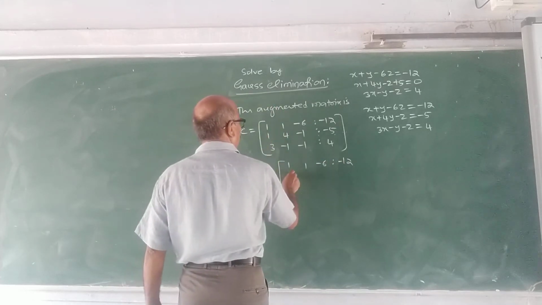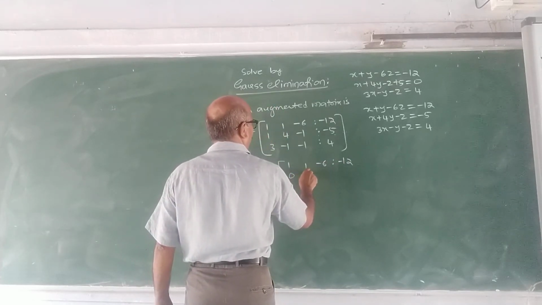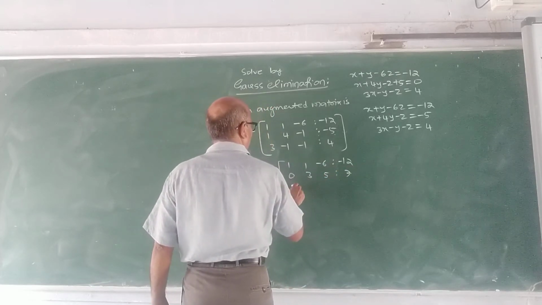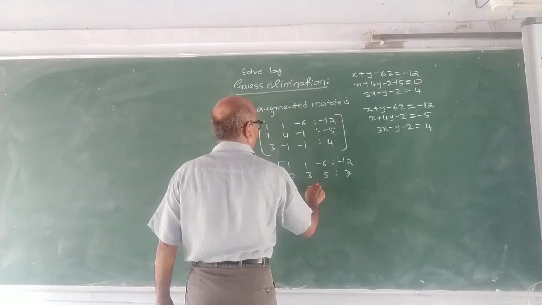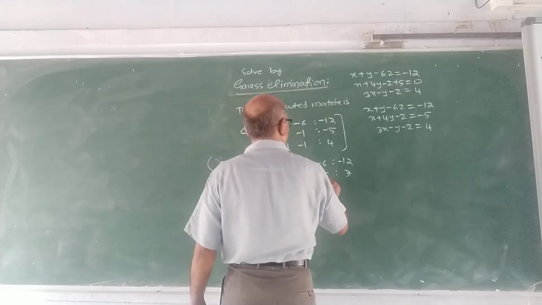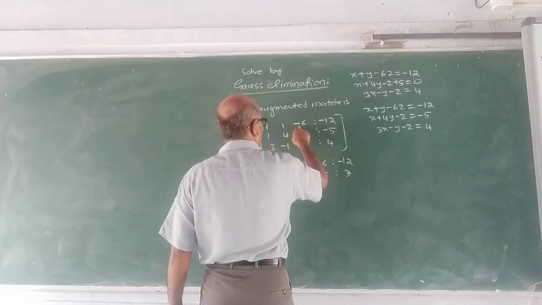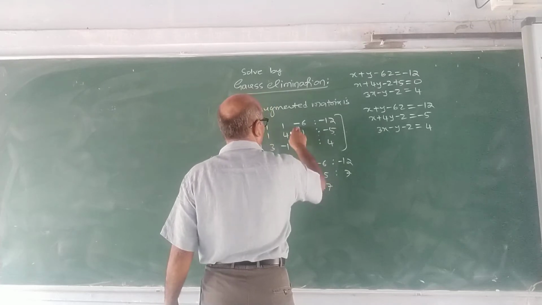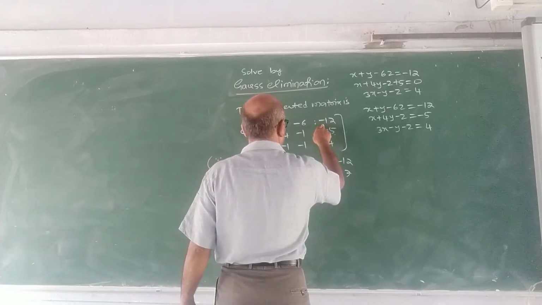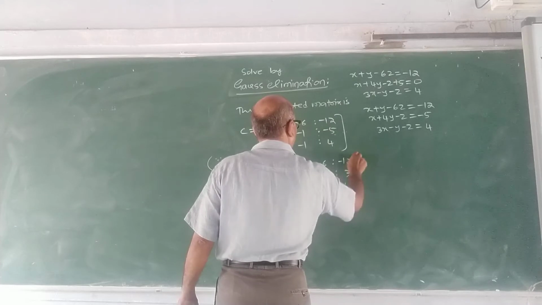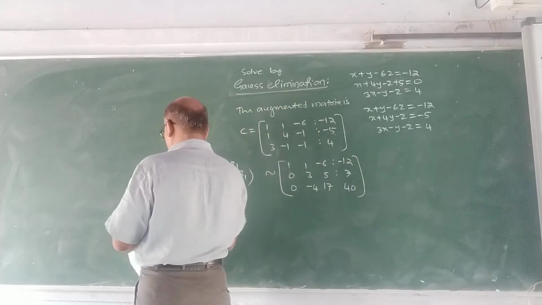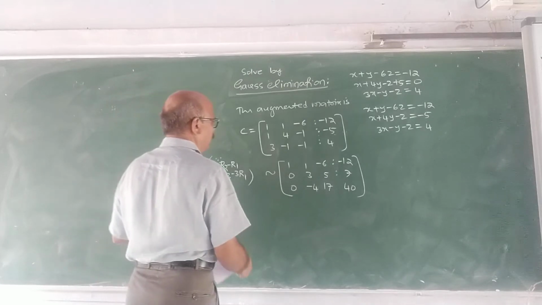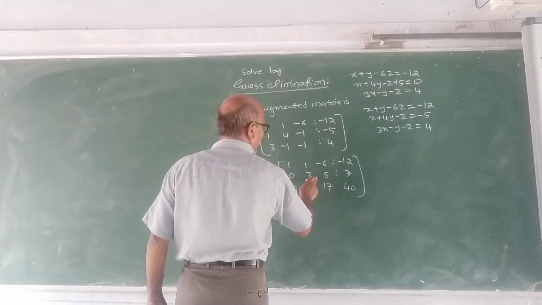Because of R2 minus R1: 0, 4 minus 1 is 3, minus 1 plus 6 is 5, and minus 5 plus 12 is 7. R3 minus 3R1: 3 minus 3 is 0, minus 1 minus 3 is minus 4, minus 1 plus 18 is 17, 4 plus 36 is 40. Let me verify: 0, 3, 5, 7; 0, minus 4, 17, 40. Yes.